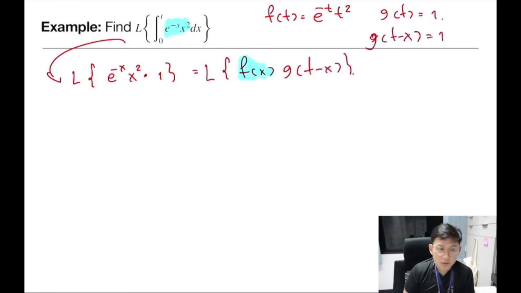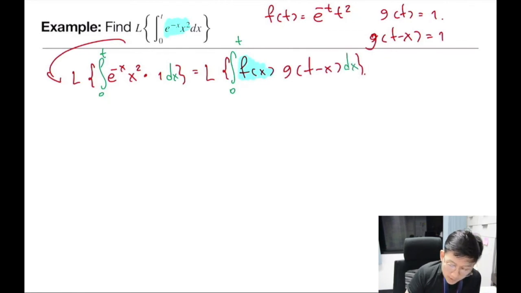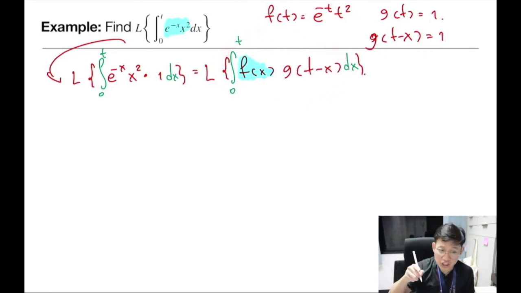Oops, sorry, I forgot the integration sign. So here I would have the integral from 0 to t, and I would have dx as well. And this is the convolution of f and g.